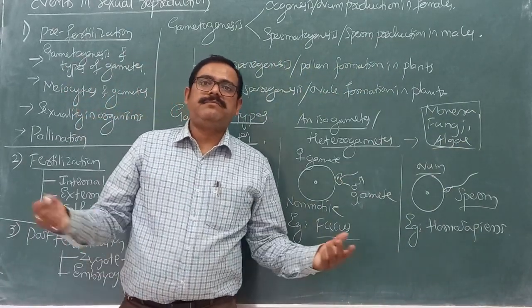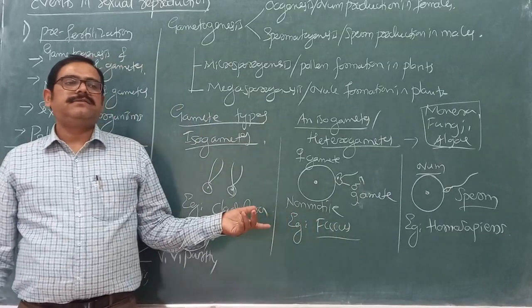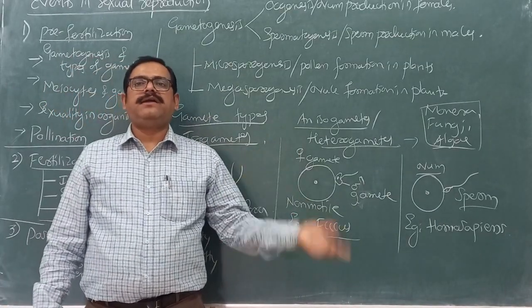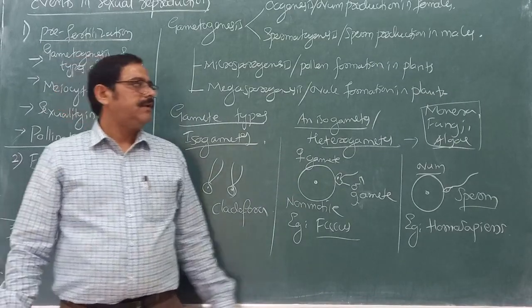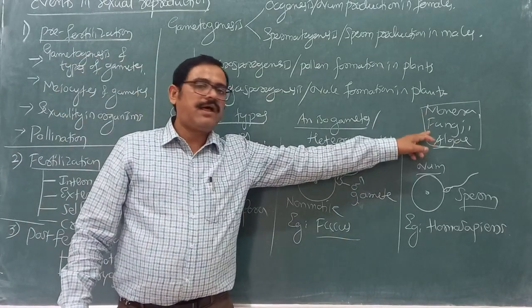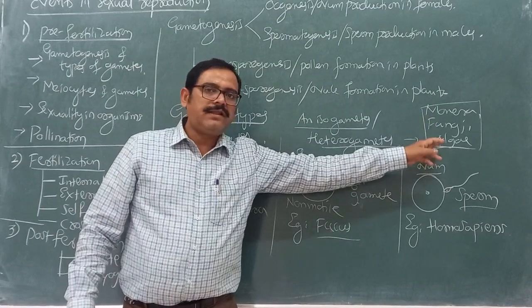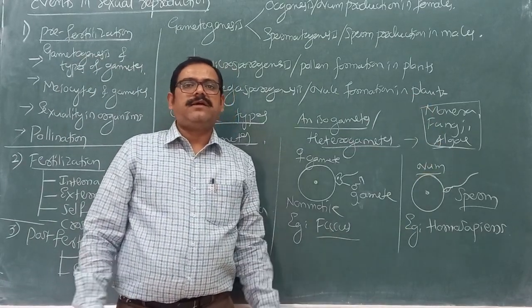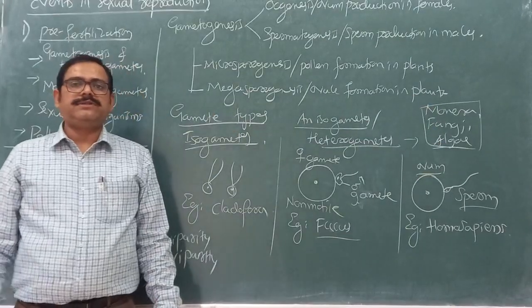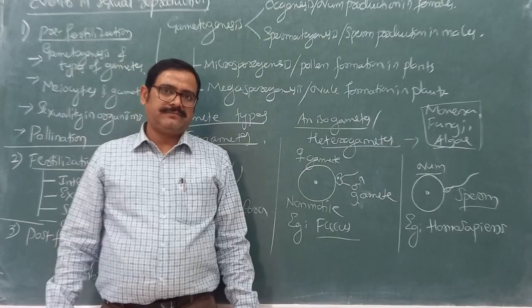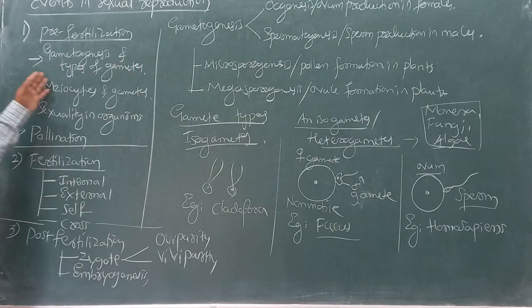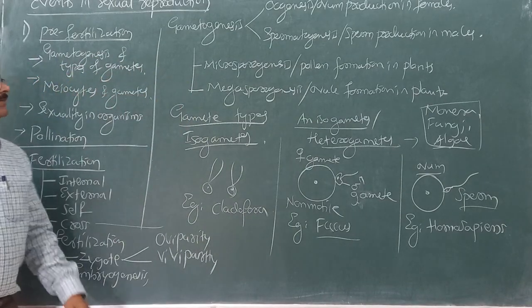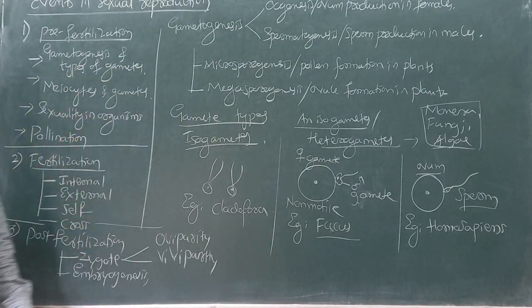A question may come in the CET: both male and female gametes are highly motile in which of the following types of organisms? Remember Monera, fungi as well as algae, where both gametes are equally motile. So this is what we have discussed regarding gametogenesis as well as the types of gametes.